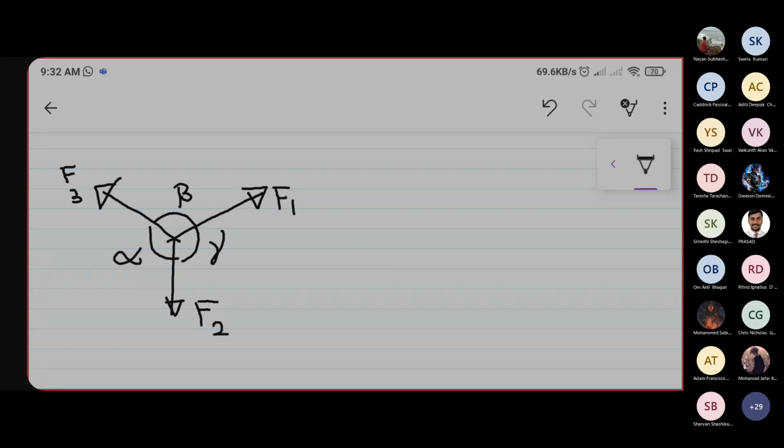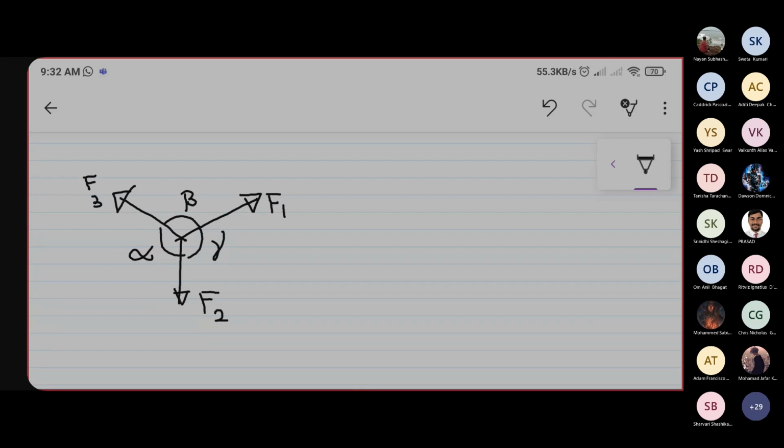Now let's draw these forces in such a way that they make a triangle. F1 can be drawn here also, as it is parallel to the force and the direction and magnitude are the same. So this is F1.